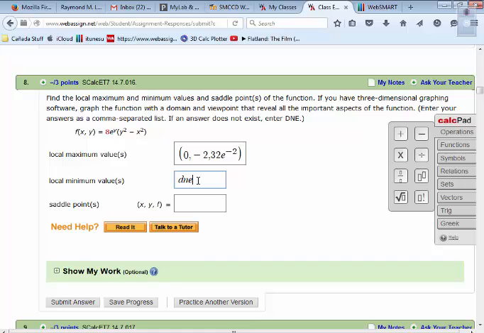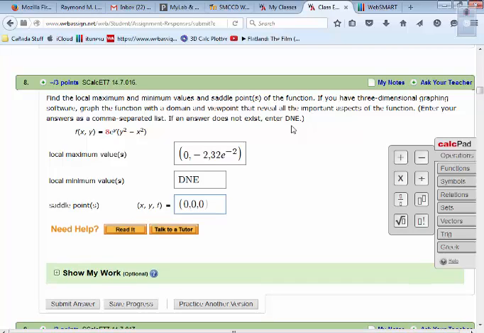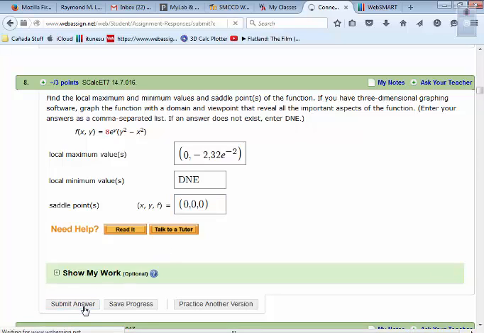Do they want decimals? I think they don't talk about decimals here, so you may want to keep it the way it is. So we have a saddle point at 0, 0, 0, and we have a local maximum somewhere.